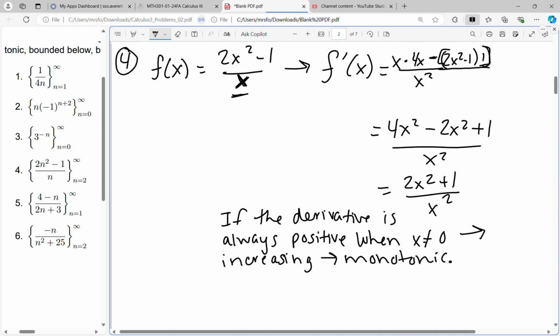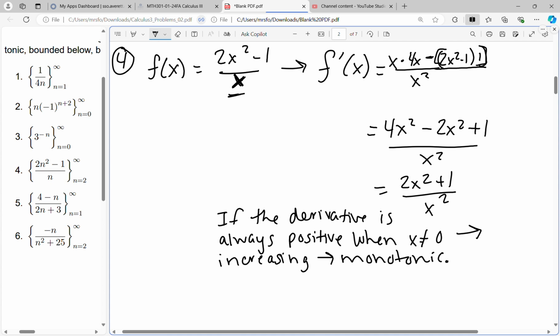Okay, and so we want to know, is it bounded? Since it's increasing, we can see, is there a lower bound? What is the first term?